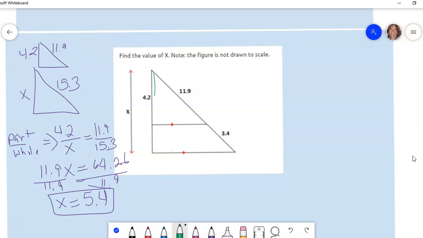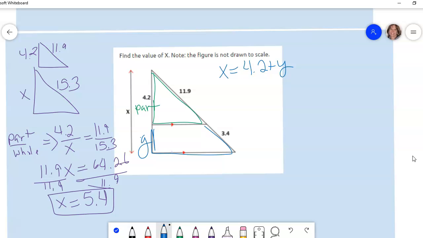And what I mean by that is if you see this as proportional parts, where 4.2 is going to be a part to the part down here, we're going to call him y. It looks more like a G, but that's okay. It's a y. So what we need to remember is that to find x means that we need to add that 4.2 plus whatever we get for y. Because again, we need this whole side.